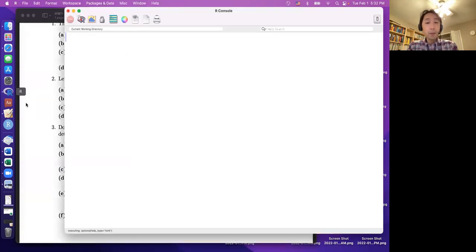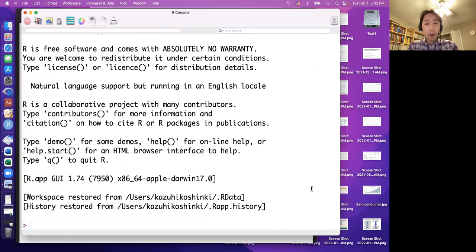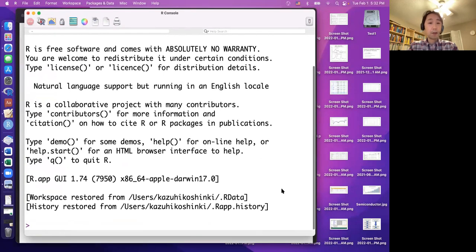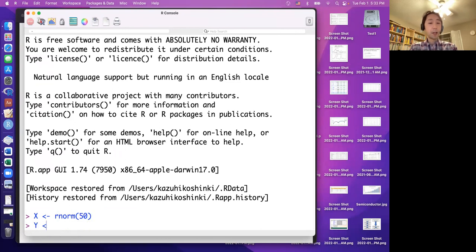For example, just a quick instruction. Suppose we have X, this is just an example, random numbers I make. Maybe Y is 2 plus 3 times X plus random numbers.